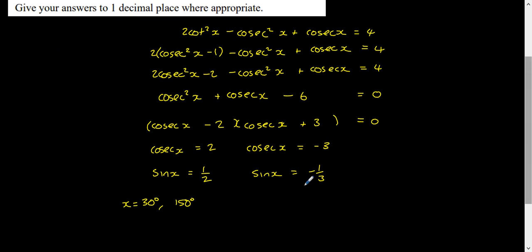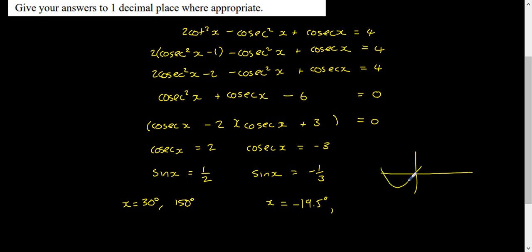so we don't need any more than that. For this one here, we're going to have x equals, and just do this quickly on the calculator. So we have minus 19.5 degrees to 3 significant figures. And then if you think about the symmetry on the graph, we're dealing with the sine graph over here.